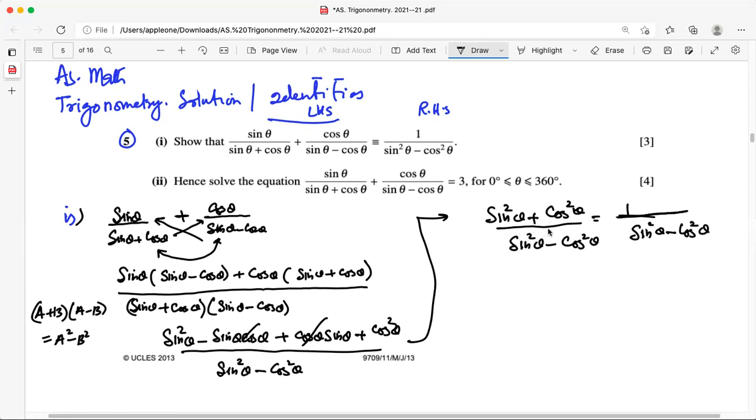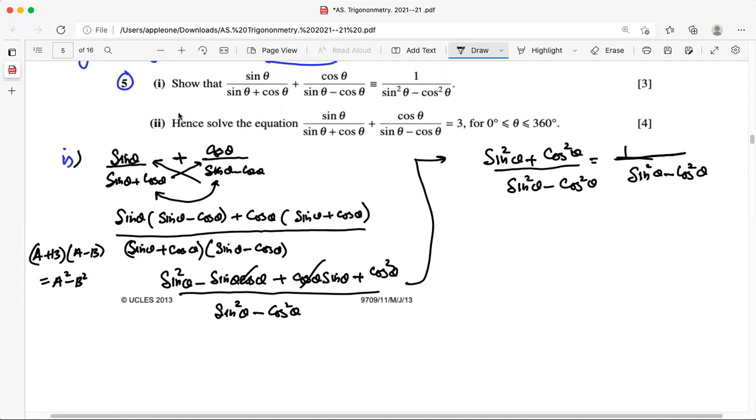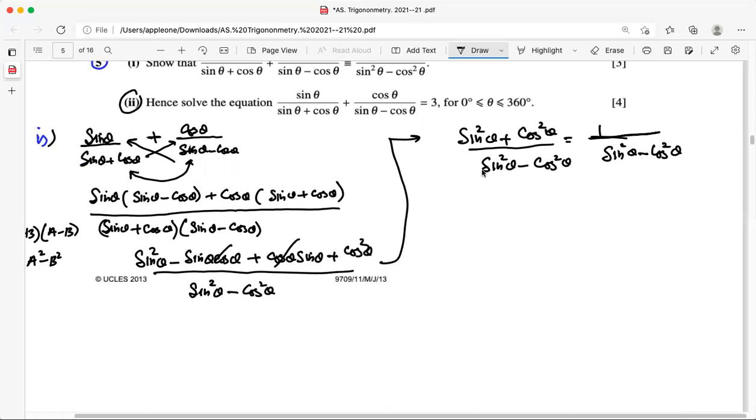So this part is done. Now the second part is to solve this thing. For the solution, it's very clear that we got this. I always tell my students that if the question asks about solution, you cannot solve the equation if two ratios are involved.